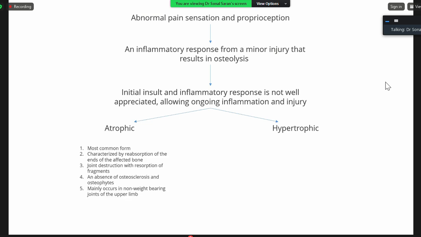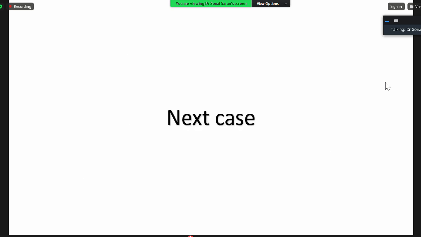In the atrophic form, which is the most common form, we have resorption of the ends of the affected bone, joint destruction, and there is absence of osteosclerosis, and it often occurs in the upper limb. Whereas the hypertrophic form has slow progression, joint destruction with bony fragmentation is common, osteosclerosis is present, and there is absence of osteoporosis.